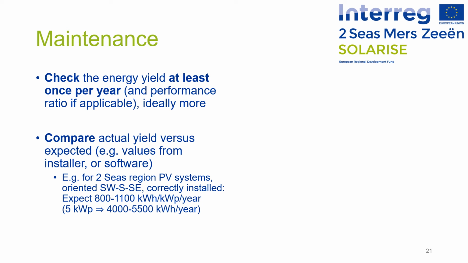For example, for standard PV systems oriented either southwest, south, or southeast and correctly installed, there you can expect to have around 800 to 1,100 kilowatt hours per kilowatt peak per year. That means that a 5 kilowatt peak system should produce between 4,000 and 5,500 kilowatt hours per year.